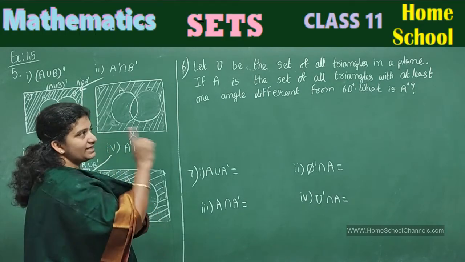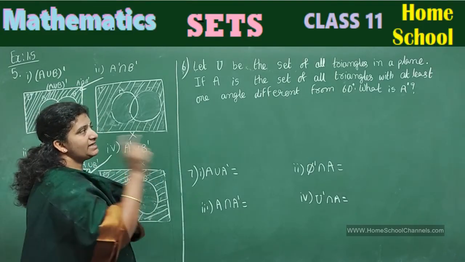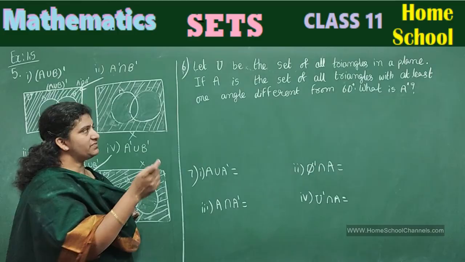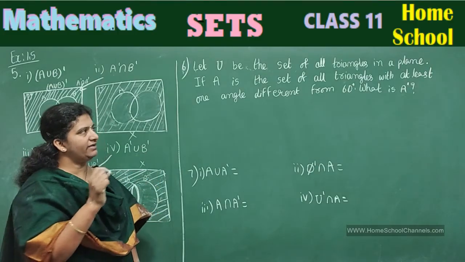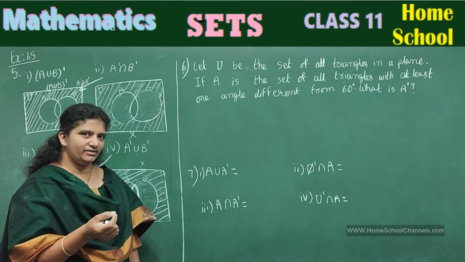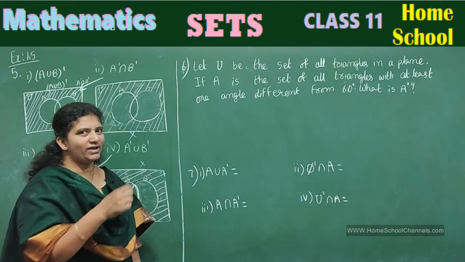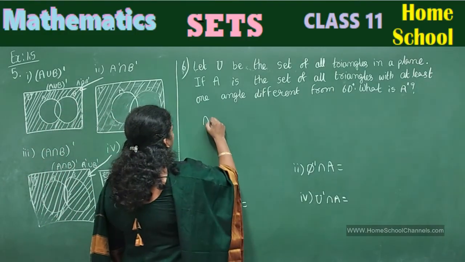Right? Universal set contains the set of all triangles. And set A contains all the triangles with at least one angle different from 60 degree. So in the complement, it is equal. That means what is A complement?